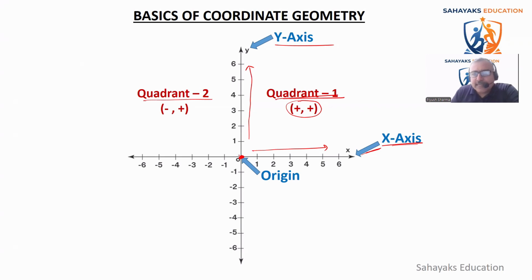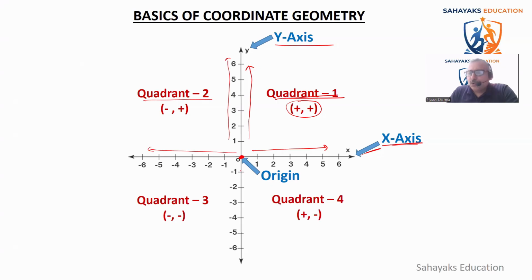See, x is minus and y is positive. So this is quadrant 2. Similarly, we have quadrant 3 where everything is negative, negative, negative, and quadrant 4, which is positive, negative. So x is positive, y is negative.